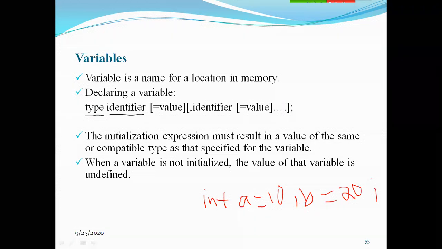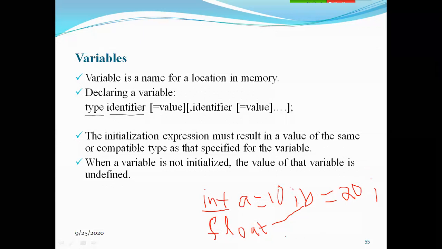If the second variable is of type float, then you have to give a semicolon here, and in the next line declare it as float. If you declare multiple variables in a single line separated by commas, those variables should belong to a similar data type. If the second variable belongs to another type, you have to write it in the next line with its particular data type. So give a semicolon here, then float p = 20.